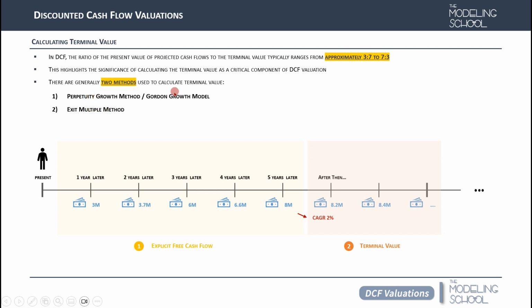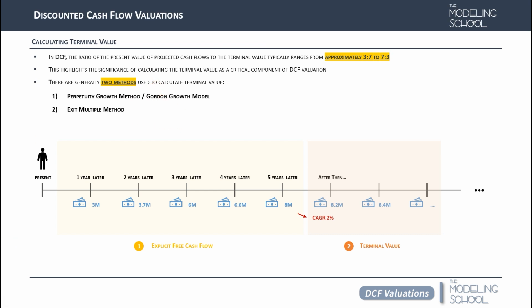Mainly because the first method is indeed more commonly used, because as we will see in a moment, the exit multiple method has some disadvantages in terms of reliability. But nevertheless, we will focus on method number 1 in most parts of our courses, but we will revisit the exit multiple method through bonus contents or through YouTube.